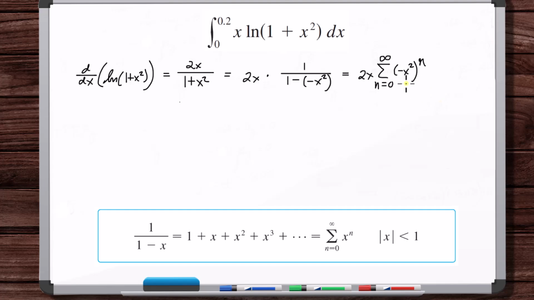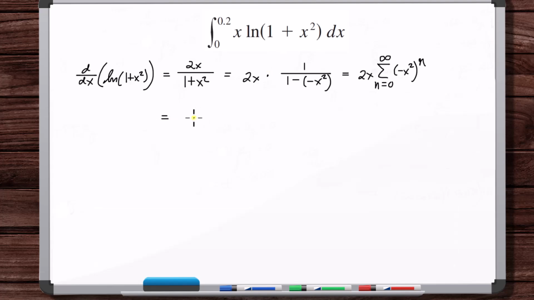But now we can't integrate this yet. We need to bring this 2x in and clean it up a little bit. So we can take out a minus 1 to the n, then we've got a 2, then an x and an x to the 2n.